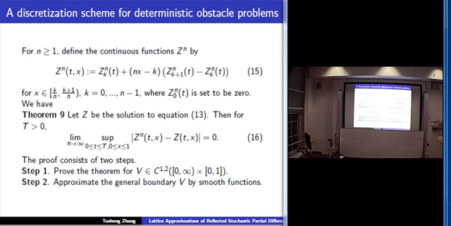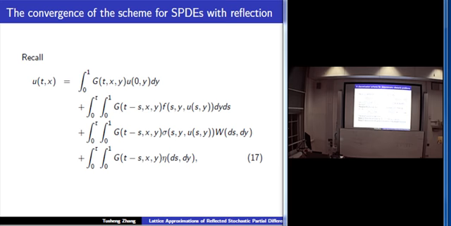Okay, so now I have done the preparations. Let's go back to the proof of our scheme. There will be many random fields, so you might be lost in that, but the main idea is this. I want to prove Un converges to U. But it's not easy to do this directly.